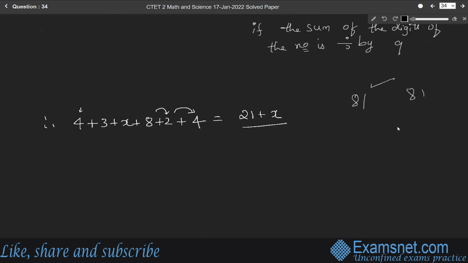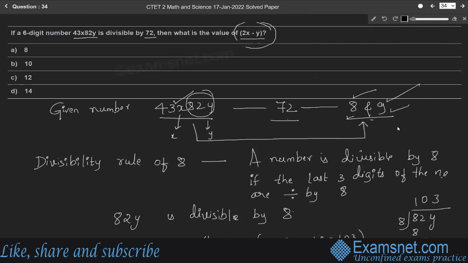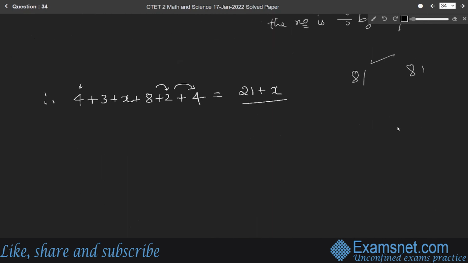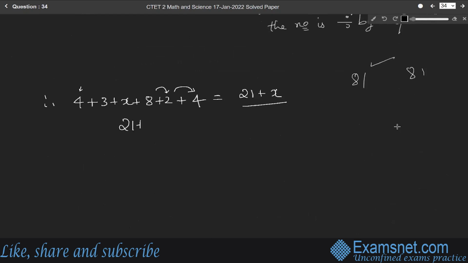So this number 21 plus x is divisible by 9. Therefore, what is the possible value of x here?